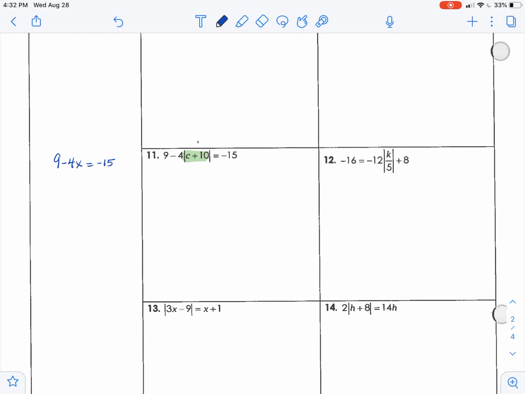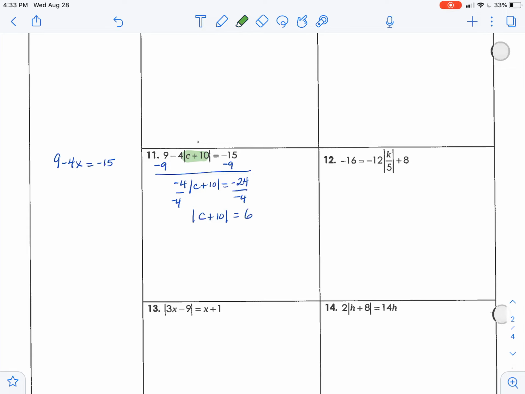Well, what you would need to do first is move the 9 over. And that would be a negative 24. And now we would do a division by negative 4. Okay?